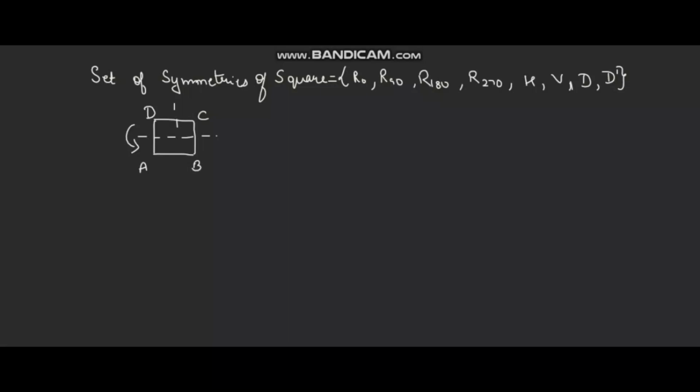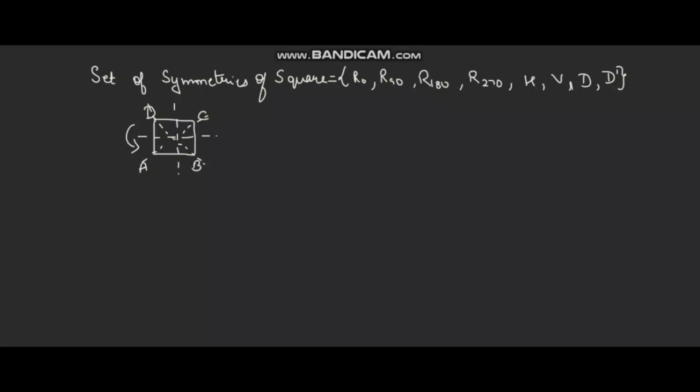V means we are flipping the square about the vertical axis. D means about the diagonal. And D dash means about the other diagonal, right? Now all these elements together give us all the orientations possible for a square ABCD.